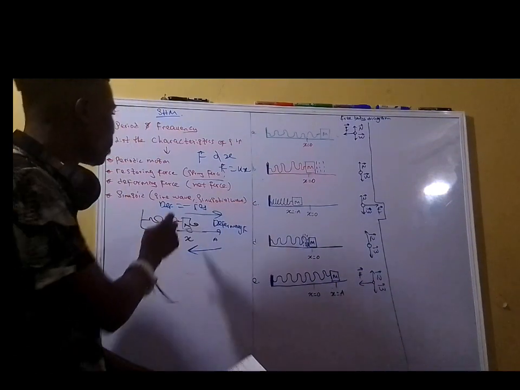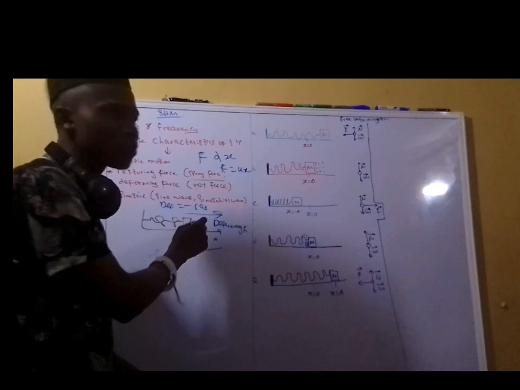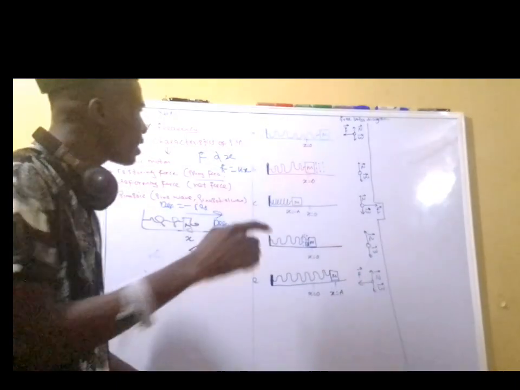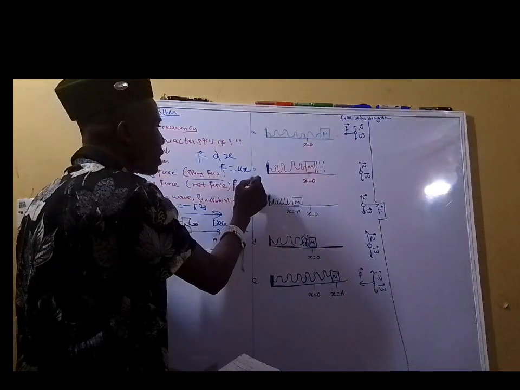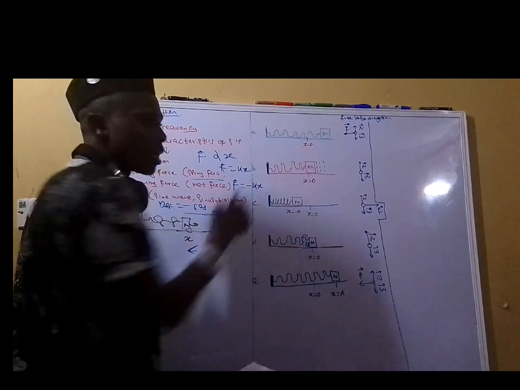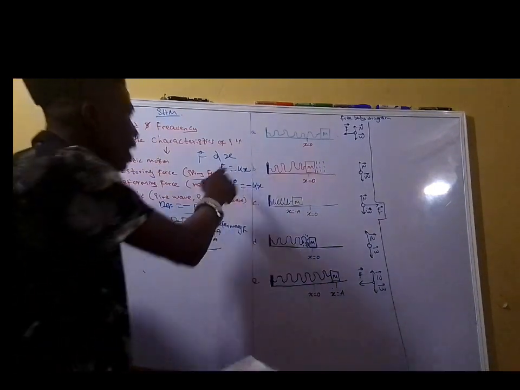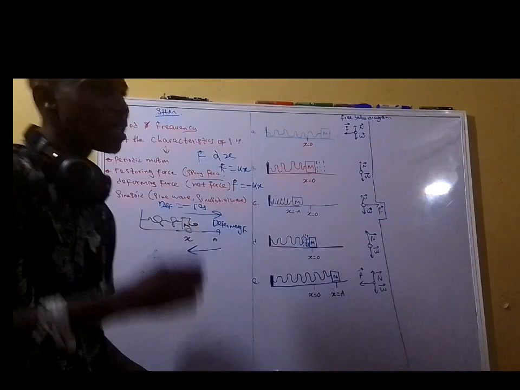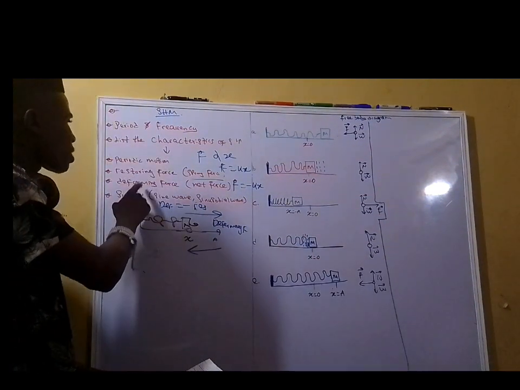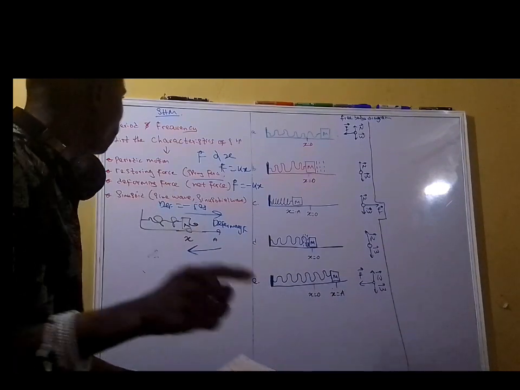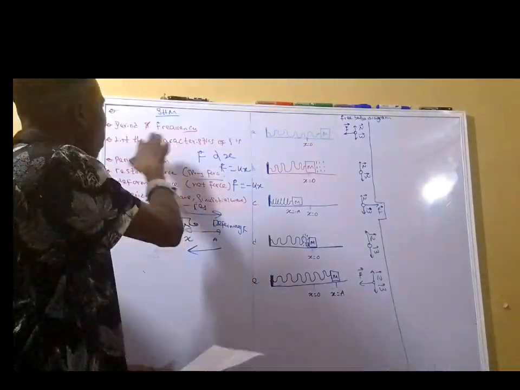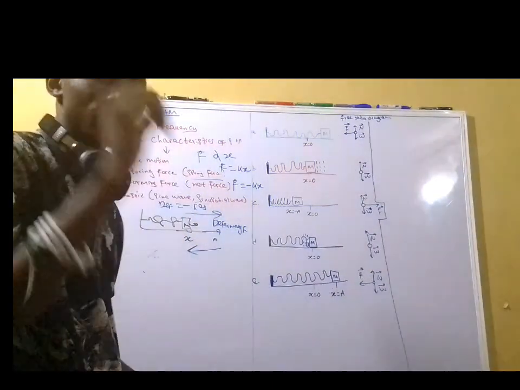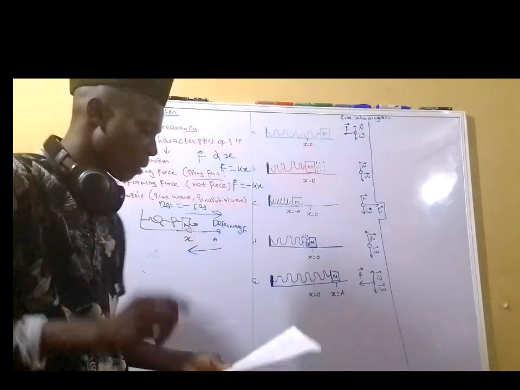Then since we all know that the deforming force is equal to the negative of the restoring force, what is needed in simple harmonic motion is that we can easily say that the force is equal to negative Kx. That is how they are gotten. So F equals Kx and F equals negative Kx are due to the deforming force and the restoring force. Why I'm explaining everything now is simply because you will need all these things when we start explaining the characteristics of simple harmonic motion and the equation of simple harmonic motion.